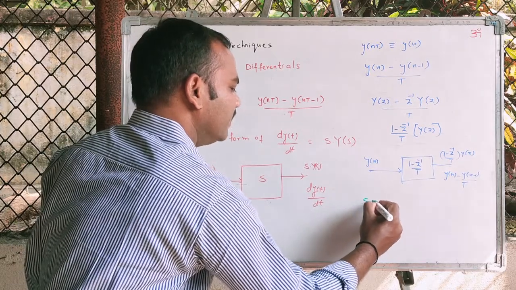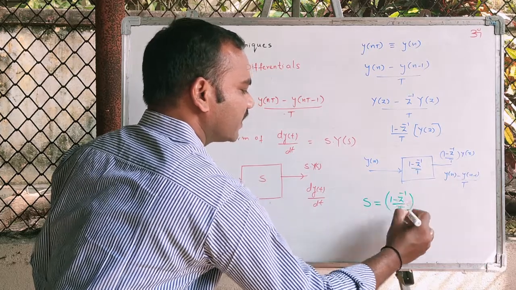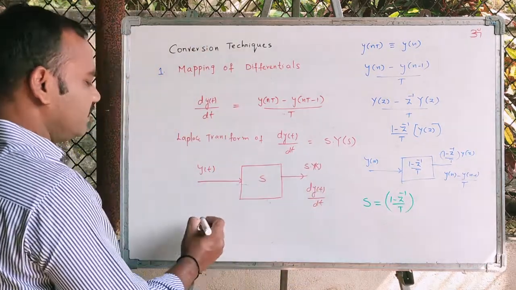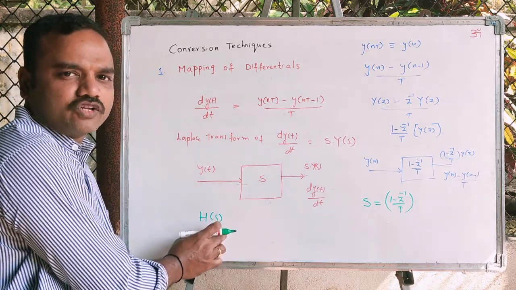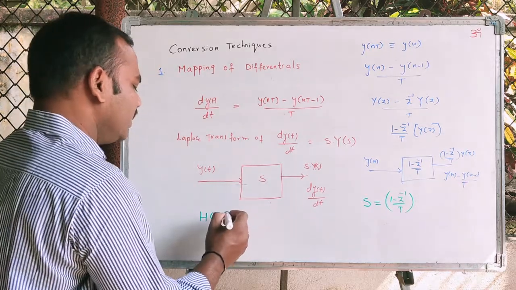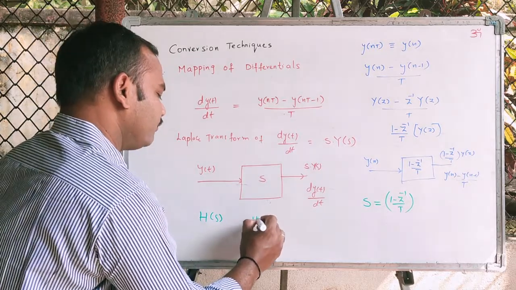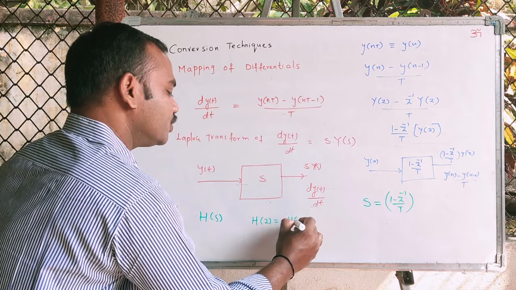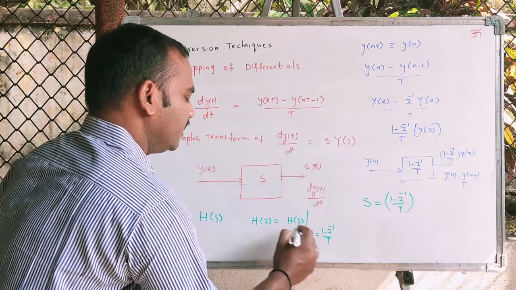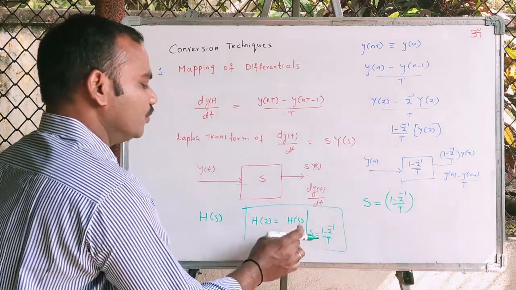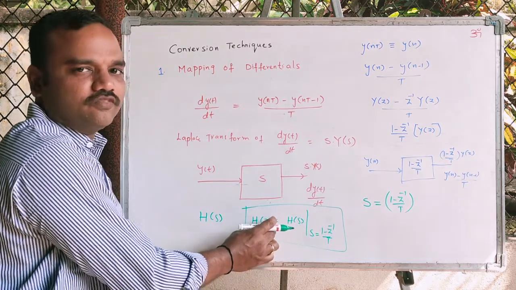Therefore, the mapping will be s is equal to (1 minus z power minus 1) by T. That is, if we have the analog filter transfer function H(s), and we want the digital prototype of it, then H(z) is equal to H(s) at s equal to (1 minus z power minus 1) by T. This will give you the analog filter converted to the desired digital filter.